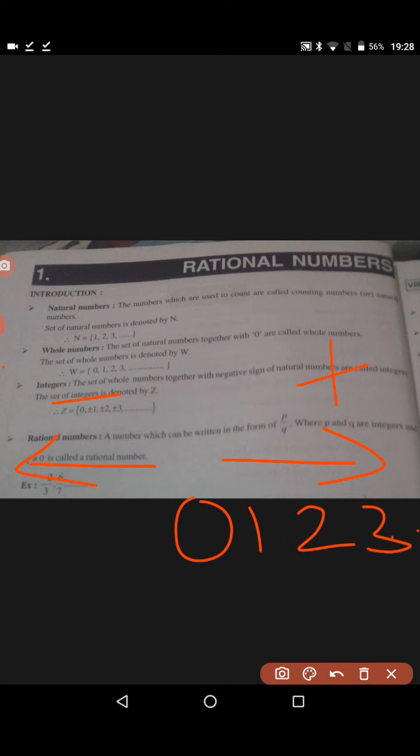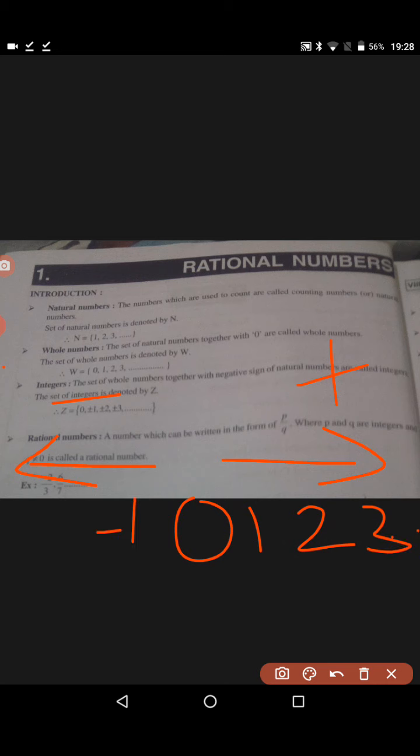See, here will be your negative side. This left side will be negative, the right side will be positive, and in between we will have 0. So let's check how we should represent it. You're not supposed to put arrow marks, but for our convenience we are putting them. Here 0, here 1, 2, 3, and so on.